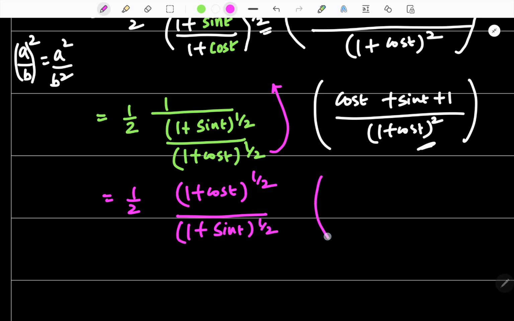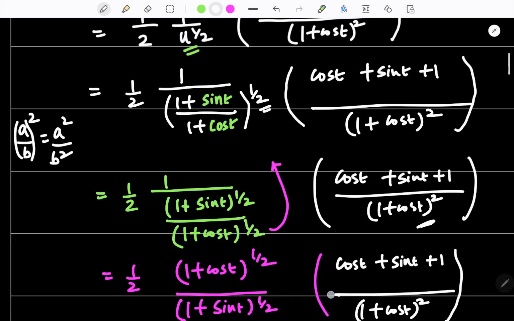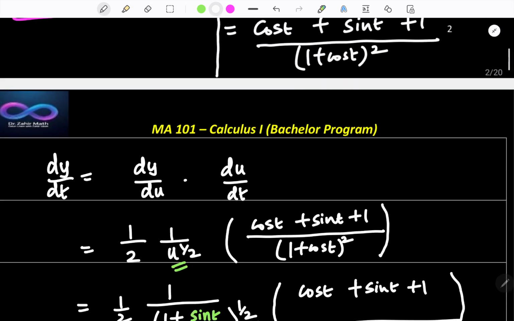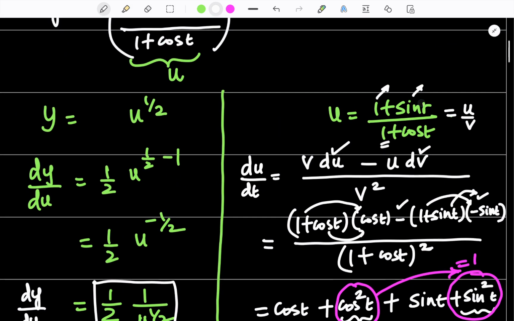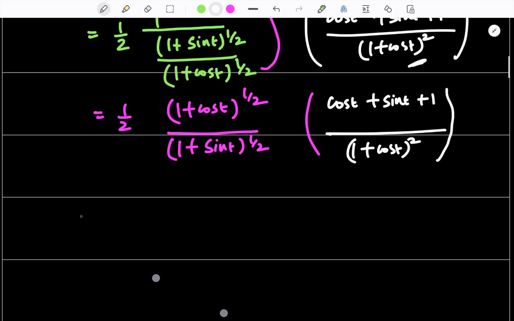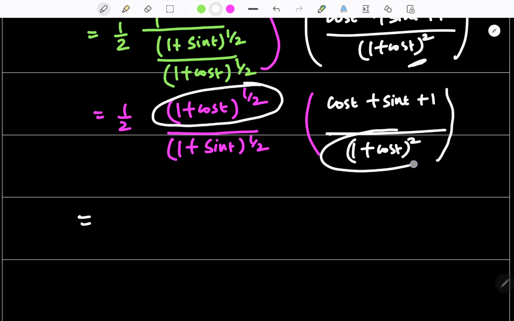Okay. And here it is cosine t plus sine t plus 1 divided by 1 plus cosine t the whole square. Okay. What's the mistake I did? I put it as 1 plus cosine t by sine t. Now I corrected. Actually, what is u? 1 plus sine t by 1 plus cosine t. Okay, right. So now this equals, what I'm going to do? I'm going to do this one and this one. These both are same terms, right?